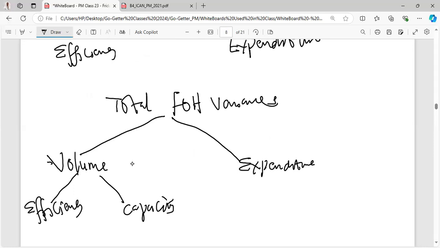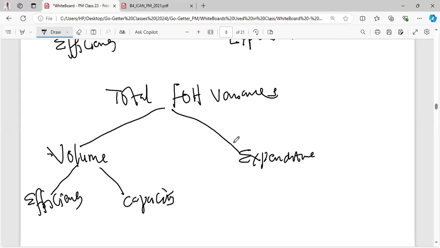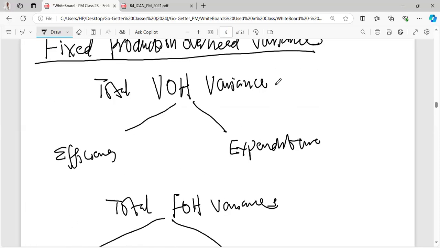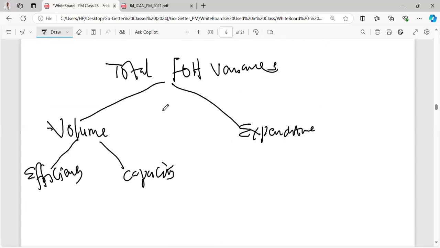The only new thing we are adding here is capacity. So we'll be looking at how they differ from each other so that when you know your variable overhead variance from last week, we can calculate it and derive the formula. You can adapt it to do your fixed overhead variance. That is the essence of this.